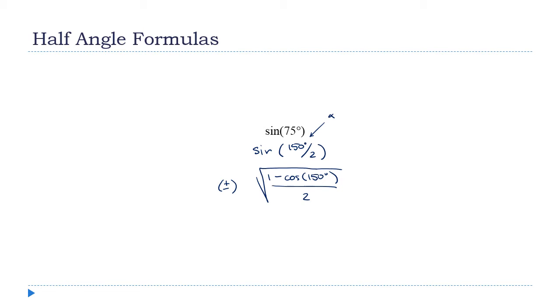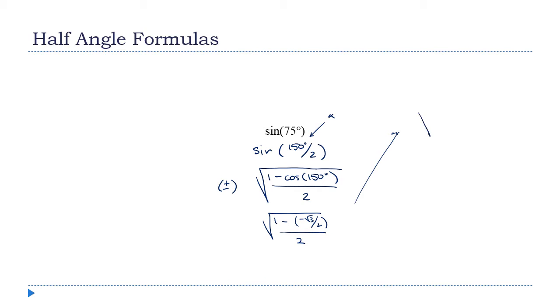All right, so what is this then? This is the square root of 1 minus the cosine of 150. That's minus the square root of 3 over 2, all over 2. And now we've just got some simplifying to do.